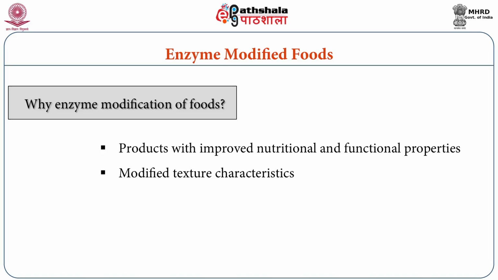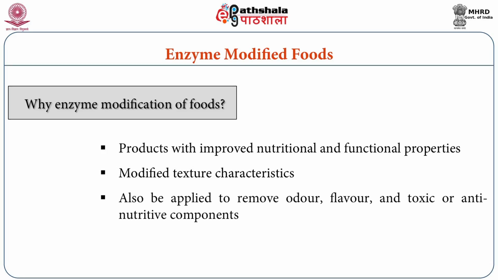Interactions between proteins and starch during processing can markedly influence starch gel network structure and also the rheological profile. Enzyme modification of food ingredients, especially proteins and starch, can lead to formation of various new products with improved nutritional and functional properties and texture characteristics.